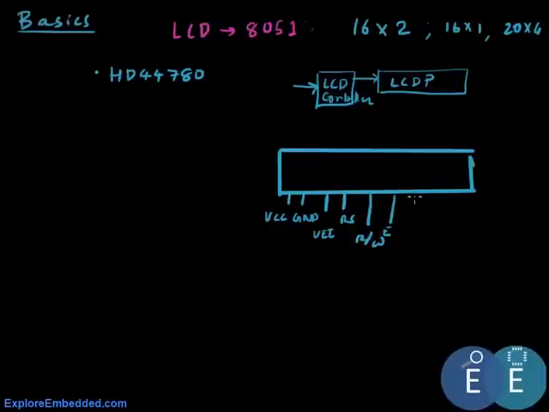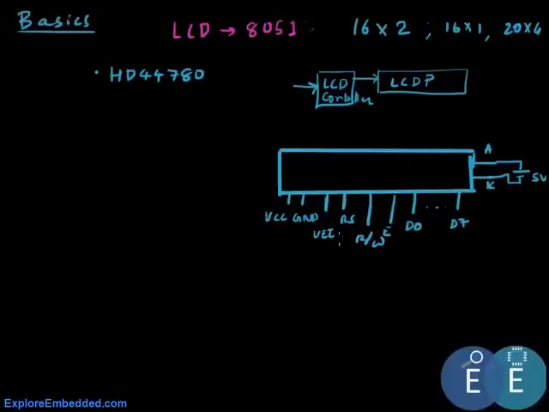And apart from that, you will have data bus D0 to D7, and you'll also have an LED inside the controller which lights up the back panel, and there is an anode pin and a cathode pin for that. So what we simply do is we connect this to a power supply which is 5 volts, and even this is connected to 5 volts. We'll look at the hardware diagram later.